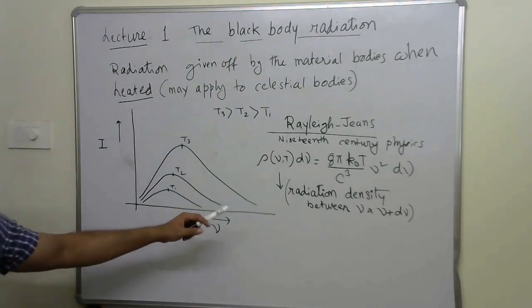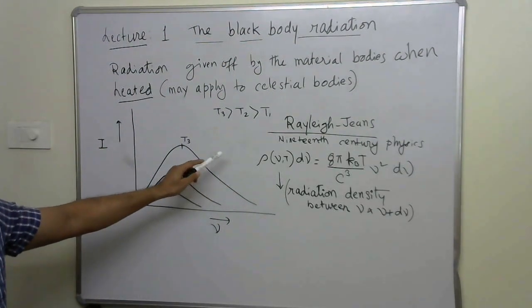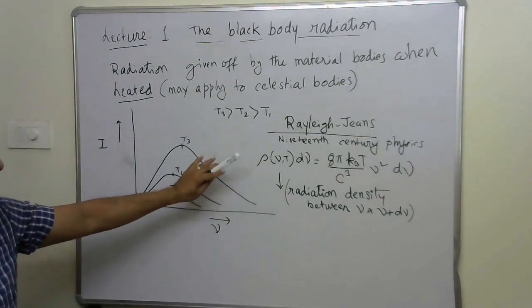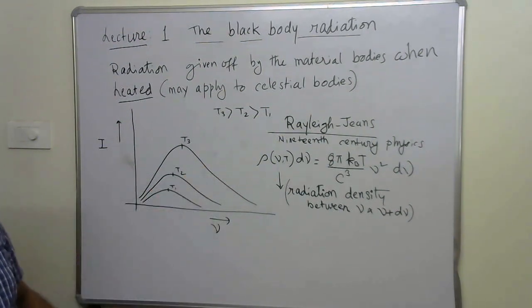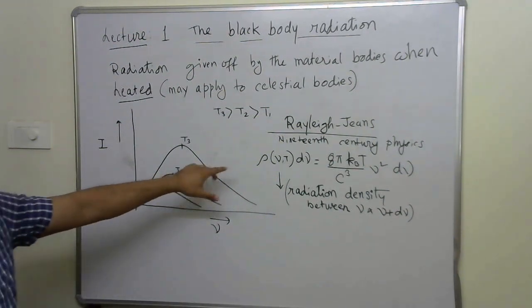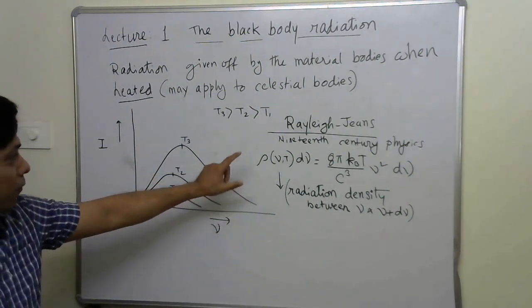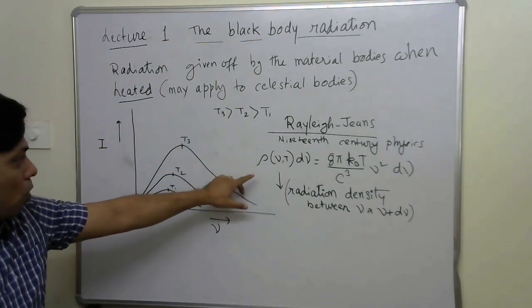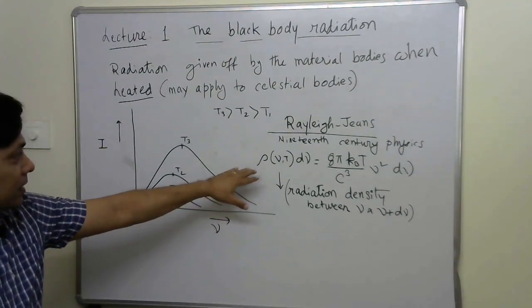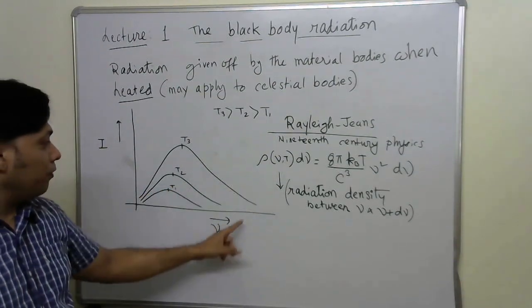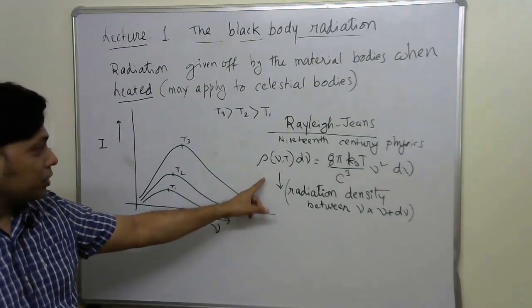Here we go. I have written the mathematical formula proposed by Rayleigh and Jeans in the 19th century. Let me explain it. On the left hand side we have a variable rho, called the radiation density, which is a function of frequency as well as temperature.